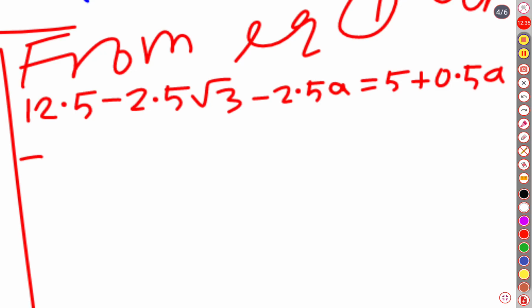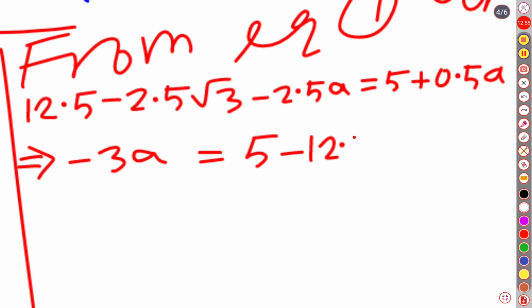Well, now if we simplify, negative 2.5 plus negative 0.5 means negative 3a is equal to, in the right side there remains 5 and minus 12.5 plus 2.5 square root over 3.